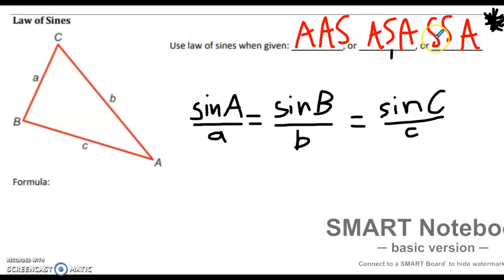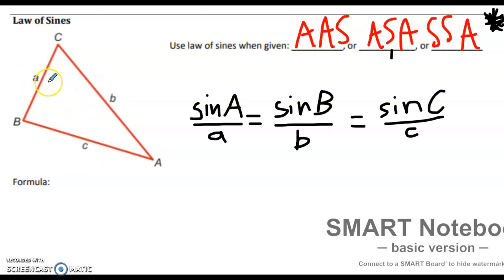But then the last one is side, side, angle, and we write it in this order because it's socially unacceptable to write it in a different order, right? So we have 2 sides and an angle, and the angle is not between the 2 sides.